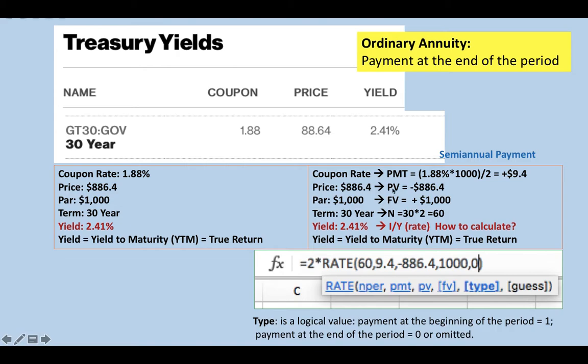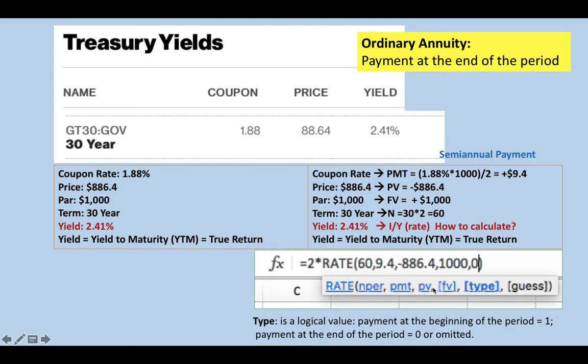Given all this information, you can plug it into Excel. The rate is what you want to find, the yield to maturity. Then the number of payments, then the PMT, which is your coupon payment, then your present value, which is what you pay, today's price.